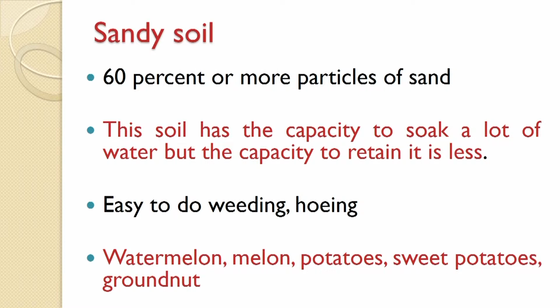Next comes the sandy soil. What is sandy soil? From the terminology we can tell that a larger amount of sand will be found here. A soil where generally 60% or more of the particles are sand is called sandy soil.